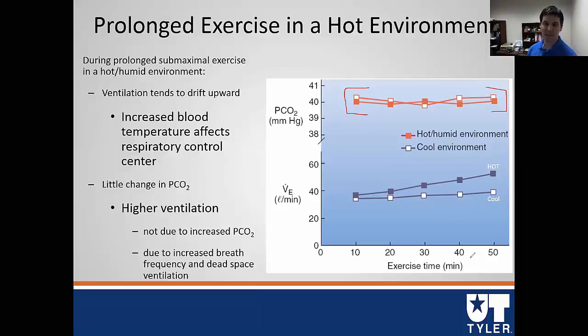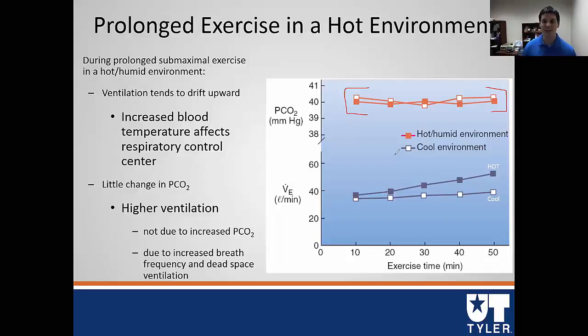If we're maintaining the submaximal load for an extended period of time, usually greater than 30 minutes, we will see that the rate of ventilation slowly creeps up, right? So again, thermoneutral environment here, not hot, not humid, or Tyler, Texas, hot and humid during the summer, right?